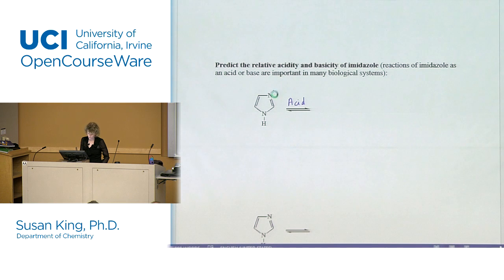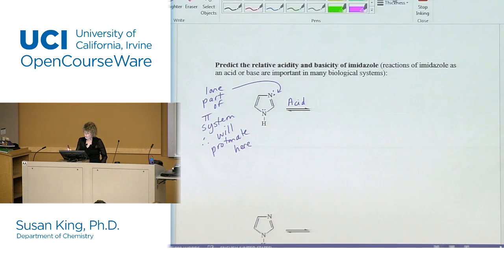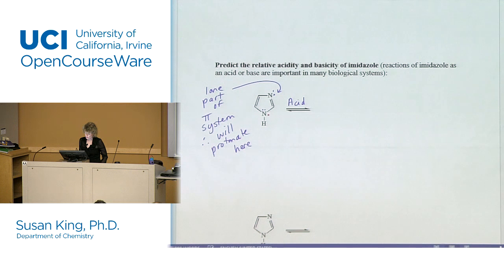Isn't that cool? Now you can do that. That's awesome, really. This lone pair is not part of the pi system. Therefore, you will protonate here. The other lone pair is not available for reaction because this is part of the aromatic pi system.